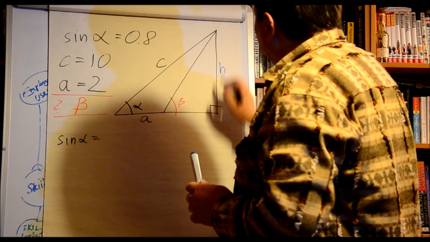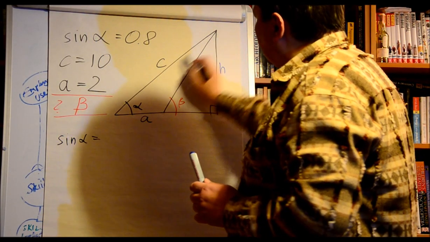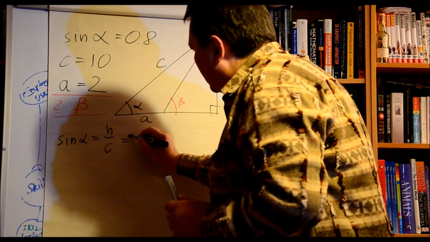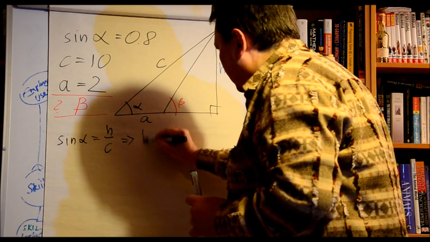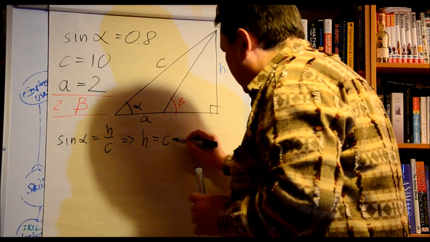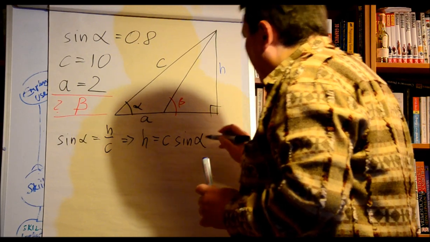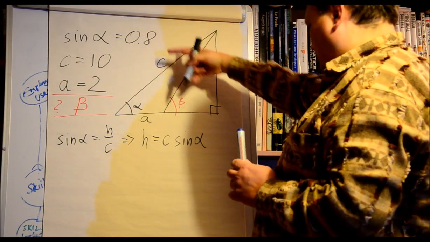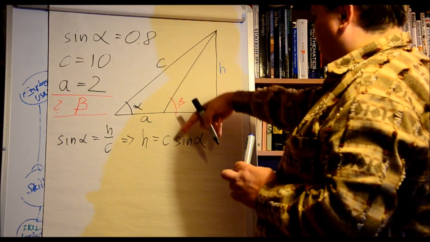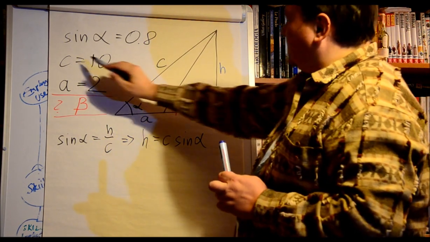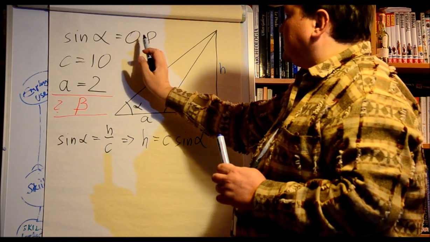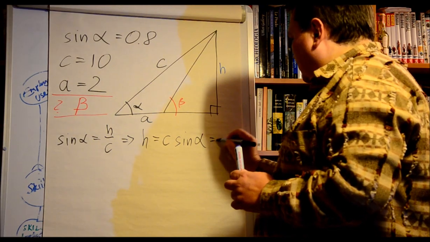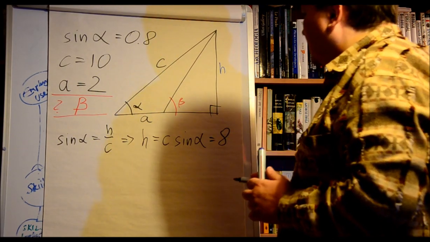So sine alpha is h divided by c. From this we can very easily find that h is equal c sine alpha, and looking at the data we have here, which look pretty much similar to the previous example, c is 10, sine alpha is 0.8, 10 times 0.8 is 8, so the height again is 8.